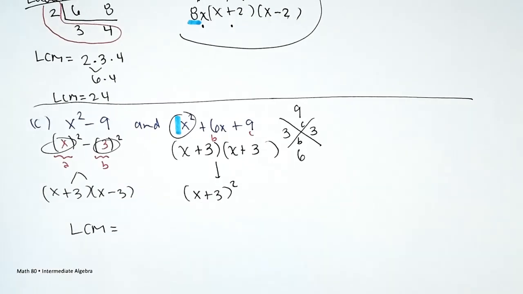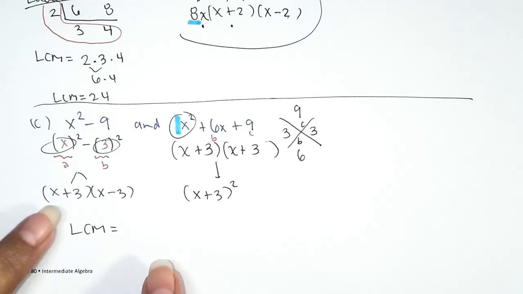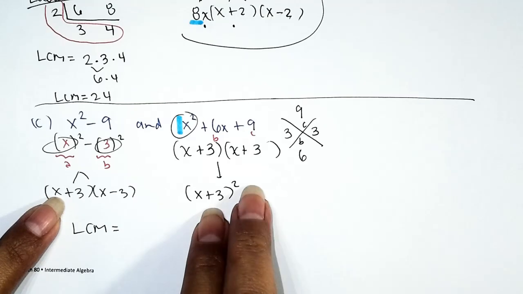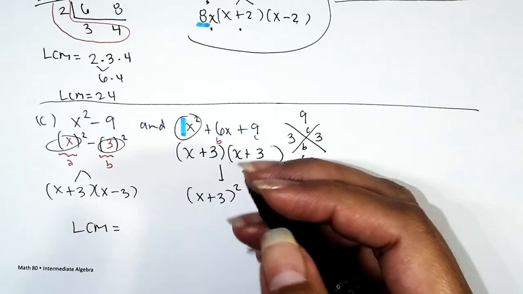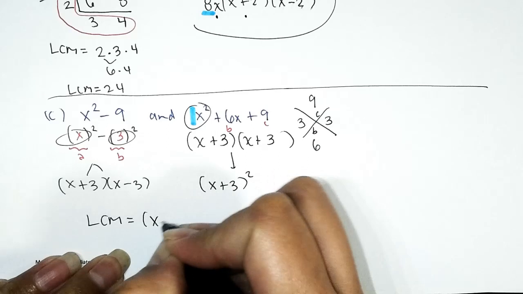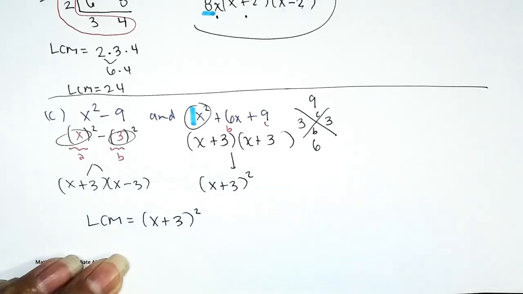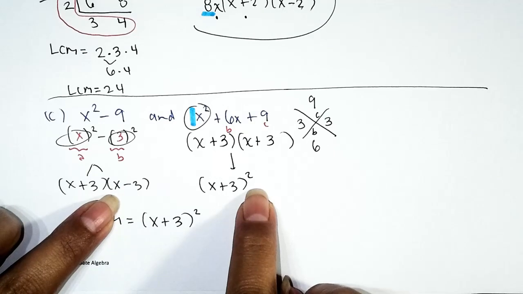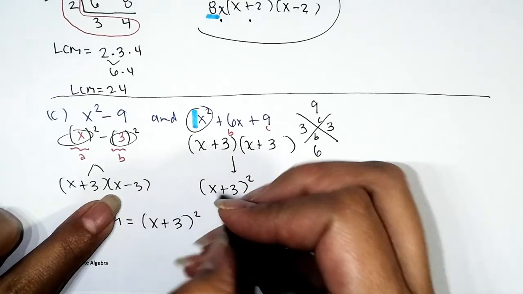We're going to multiply all the different factors using the biggest exponent on each factor. The first factor that I see is x plus 3, which is recycled elsewhere, and the biggest exponent is 2. So let's toss in 2 factors of x plus 3. A different factor is x minus 3, which is not happening elsewhere, so the biggest exponent is 1.